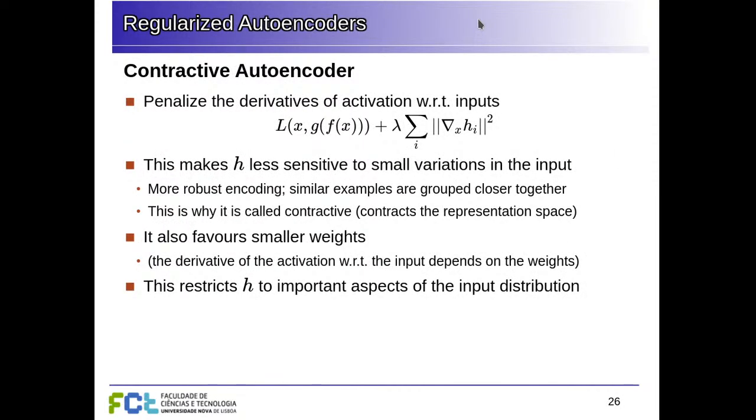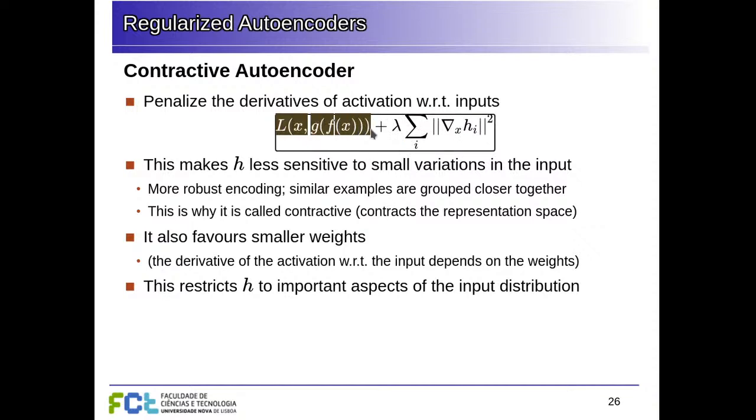Another autoencoder that also tries to create a representation that is more robust to small variations is the contractive autoencoder. This one works differently. We don't corrupt the input, but what we do is we add a regularization term to our loss function.